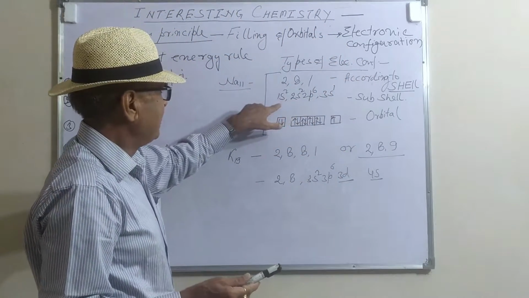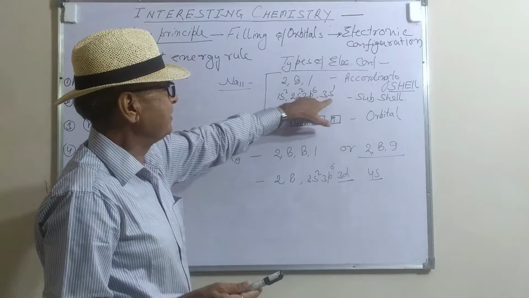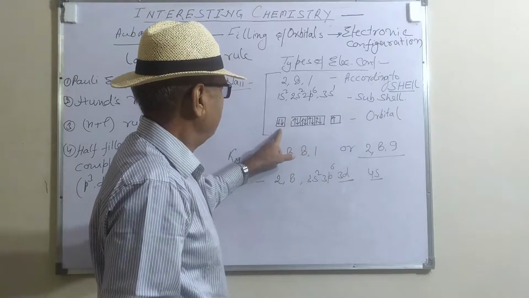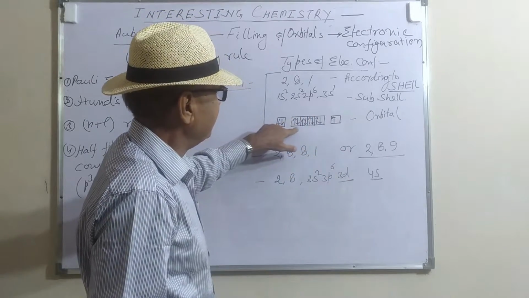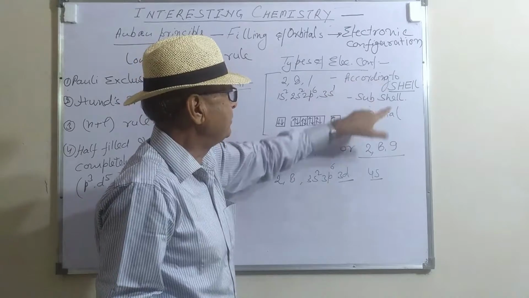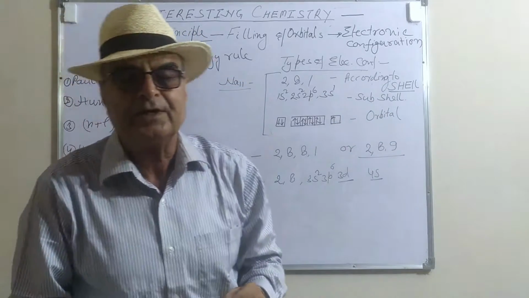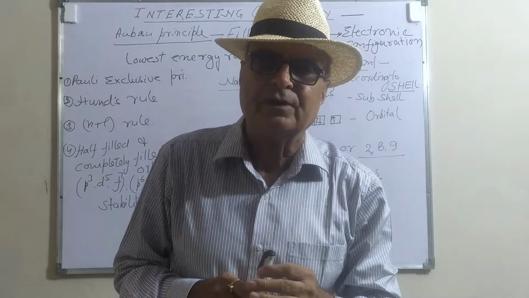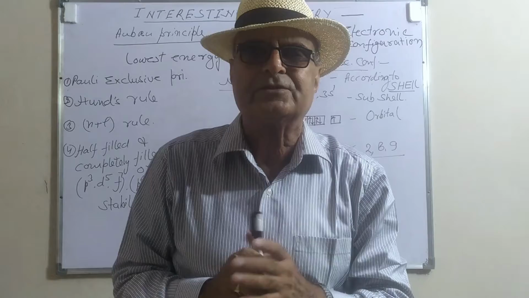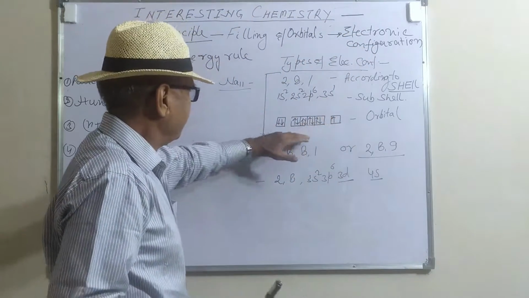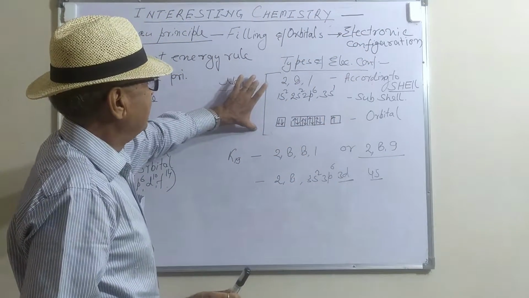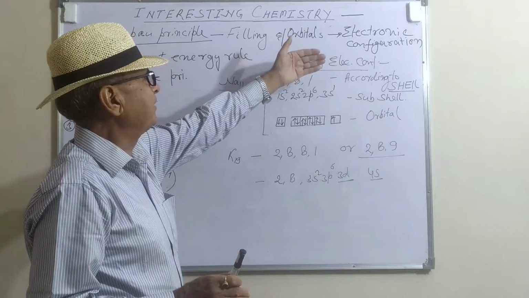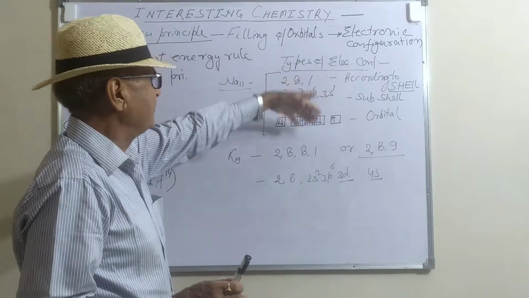And this method, 1s2, 2s2, 2p6, 3s1, is according to subshell. And when you write it in this way, it is according to orbitals. So there are 3 types of methods, or ways, of writing the electronic configuration.